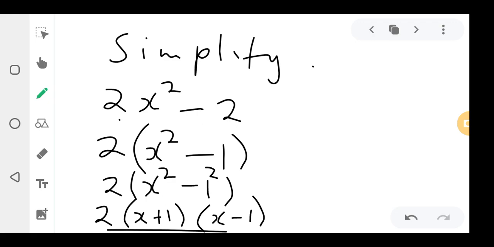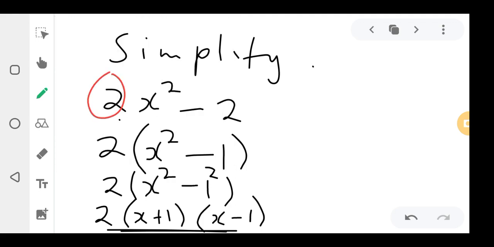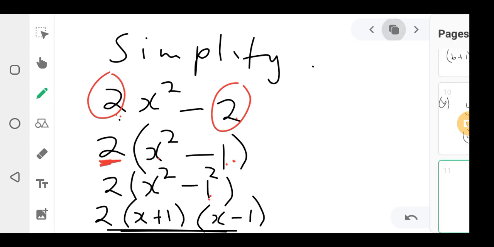That's the answer. Once there's a number appearing on both sides, there's 2 here, 2 there, you factor out the 2. When you remove 2 there, it will be x squared minus 2 into 2 is 1 here. And then 1 as a perfect square, you put 1 squared, and then you pick. That's how you solve this kind of questions.